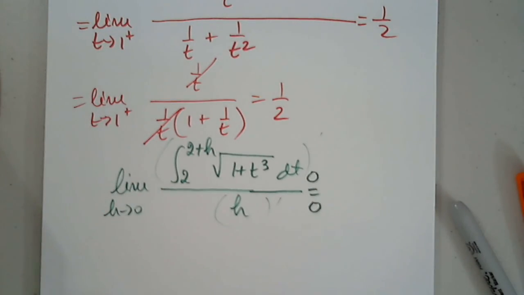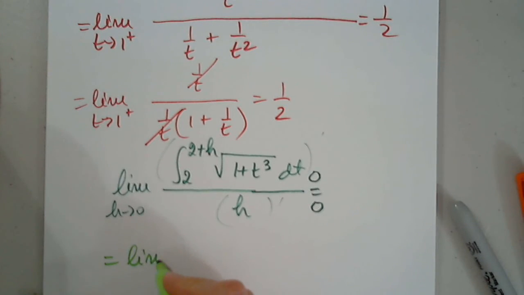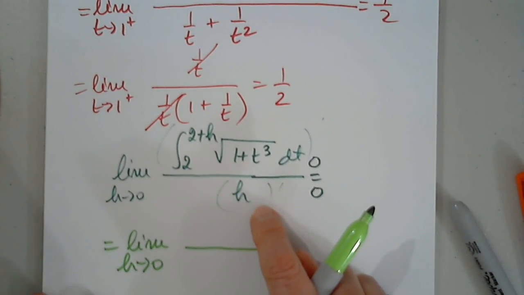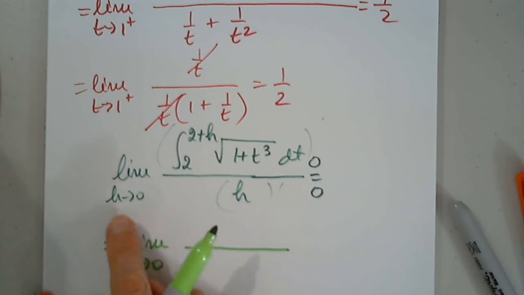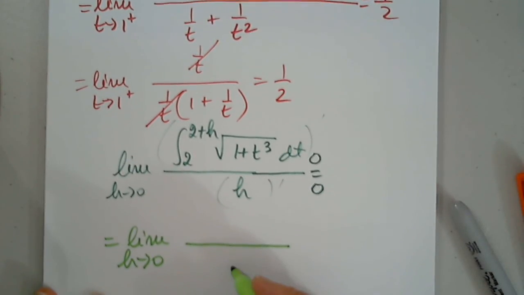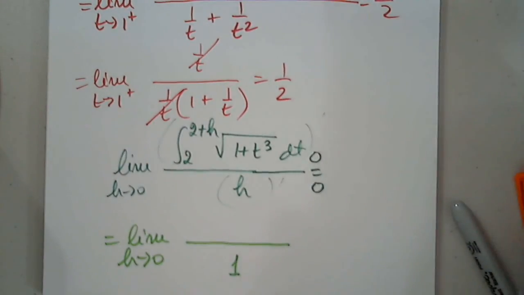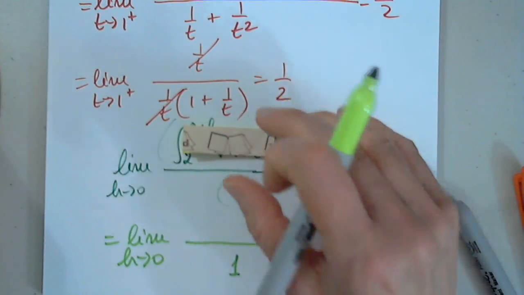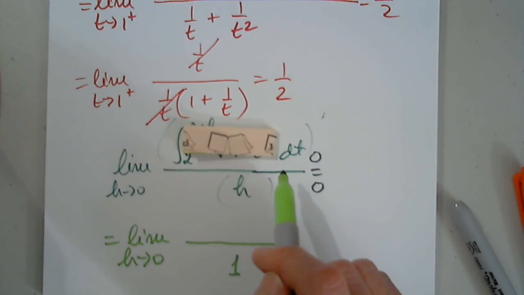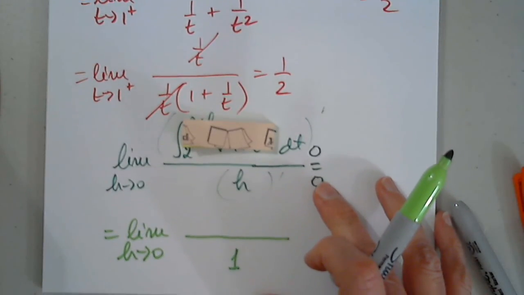Okay, perfect. So let's start with the denominator. What do I have when I differentiate h? Because that's the variable. H approaches 0. 1. Perfect. What happens when I differentiate an integral? It's the opposite, right?